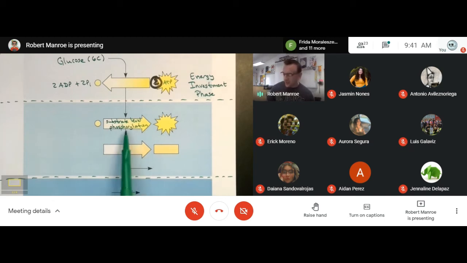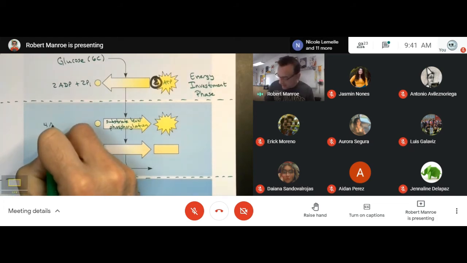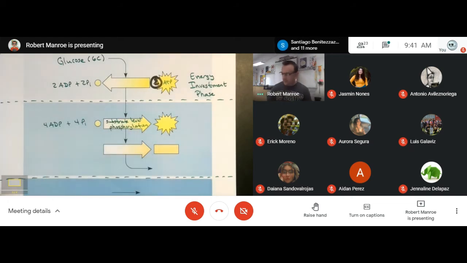So there's a process called substrate level phosphorylation where phosphates are directly added to the substrate. There's no ATP synthase. There's no chemiosmosis. It is directly onto the substrate. What happens though is that 4 ADP and 4 inorganic phosphates are able to be harvested.